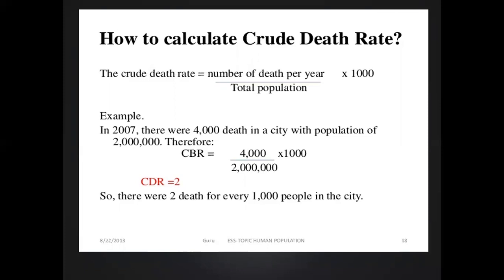The number of deaths equals 4,000 and the total population equals 260. Therefore, the crude death rate equals 2. So there were 2 deaths for every 1,000 people in the city.